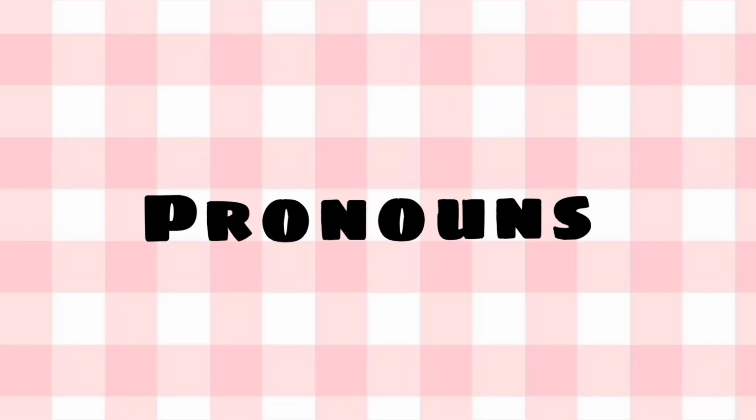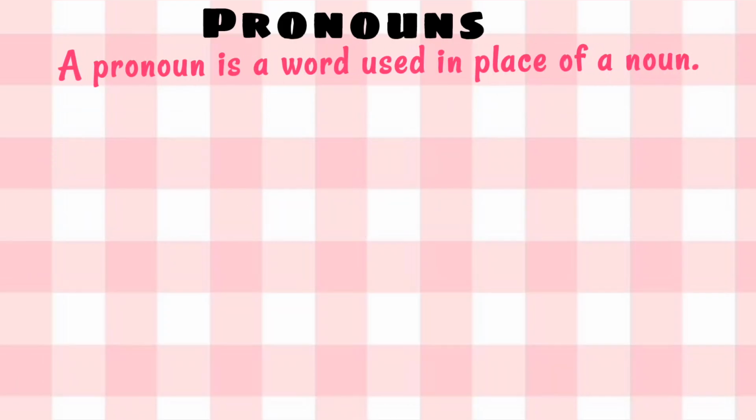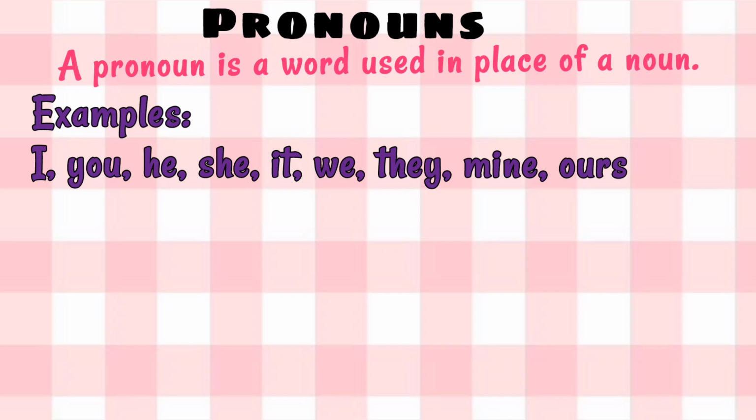And we move to the second word class, pronouns. A pronoun is a word used in place of a noun. That means that you can replace the noun with a pronoun. Examples of pronouns include I, you, he, she, it, we, they, mine, and ours.